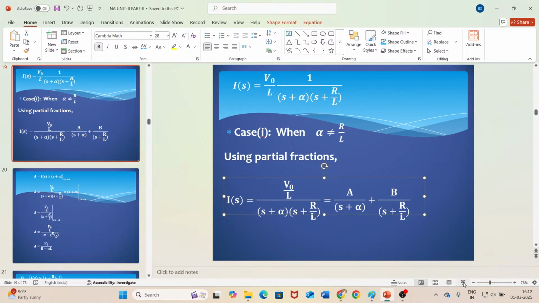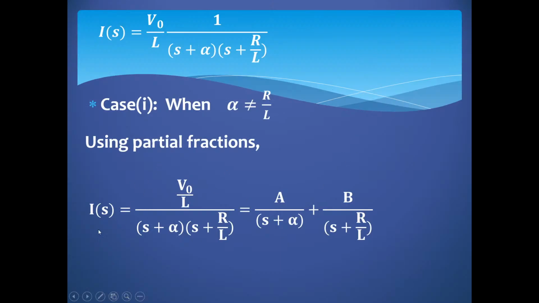So, using partial fractions, I of s is what? No need to rearrange the terms, just remove the denominator and write A by s plus alpha plus B by s plus R by L, and determine the A value and the B value.